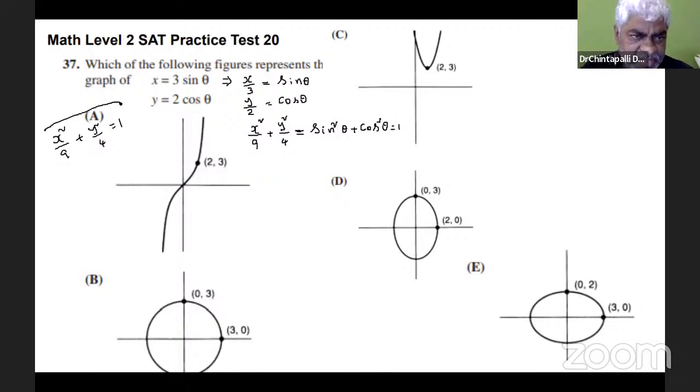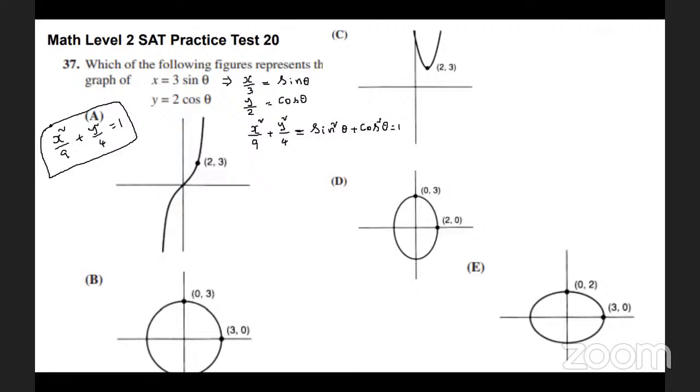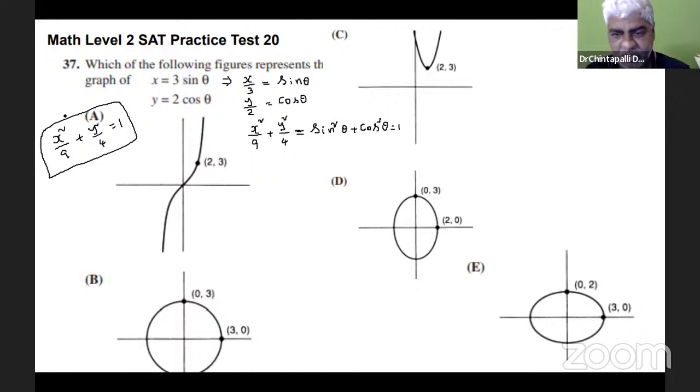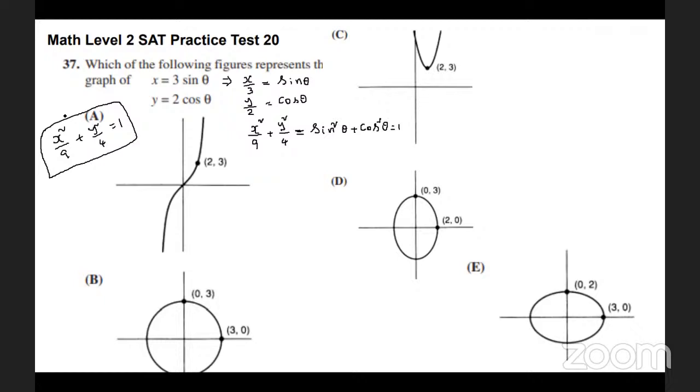What's the name of this equation? Circle, ellipse, ellipse, sir. Yes, you are right. So which option is correct? Either D or E, sir.